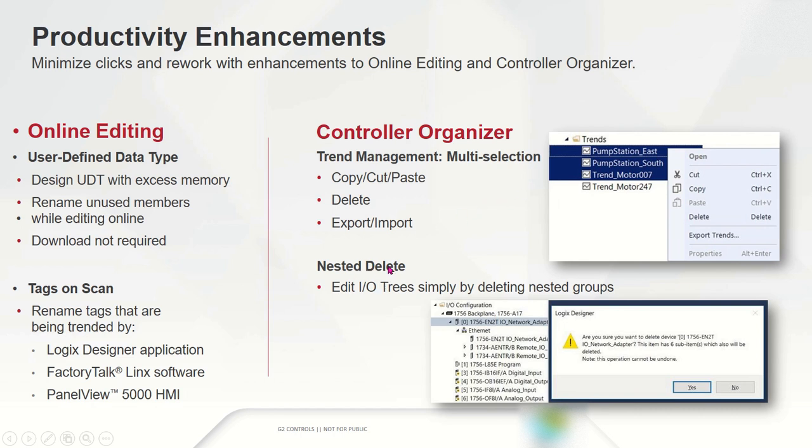Then nested delete: edit trace simply by deleting the nested groups. Then tags on scan, rename tags that are being trained by the Logix Designer application, FactoryTalk Link software, and panel HMI.